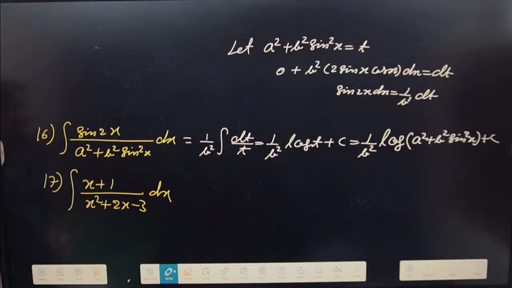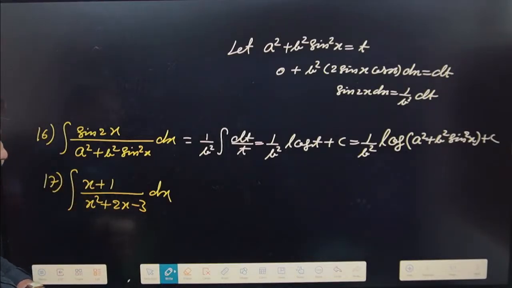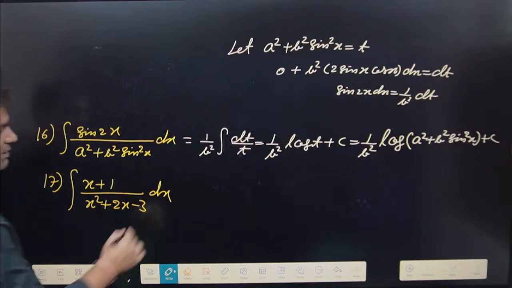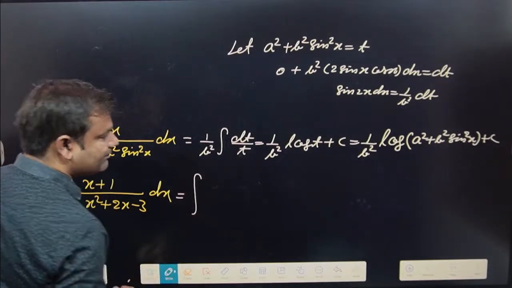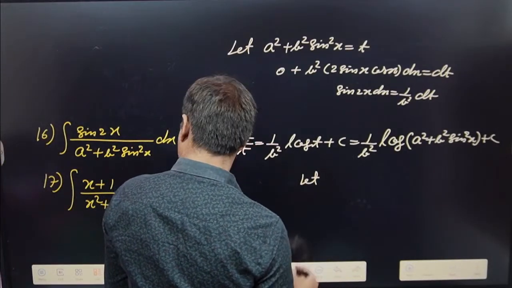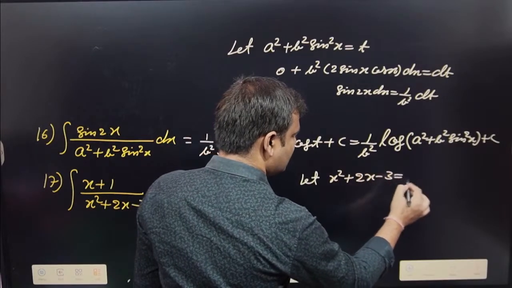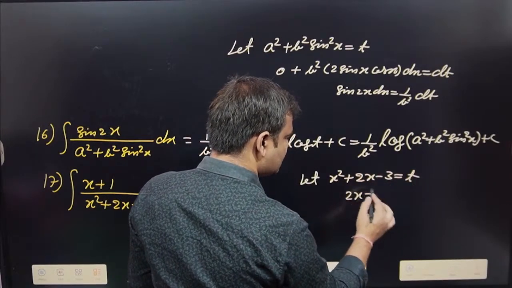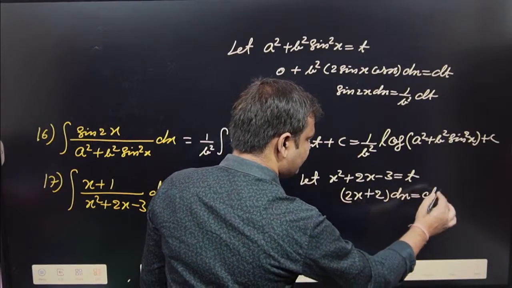Now how can we do this type of problem? Question number 17. Integration of (x plus 1) upon (x square plus 2x minus 3) dx. Simply let x square plus 2x minus 3 be equal to t, then (2x plus 2) into dx is replaced by dt.